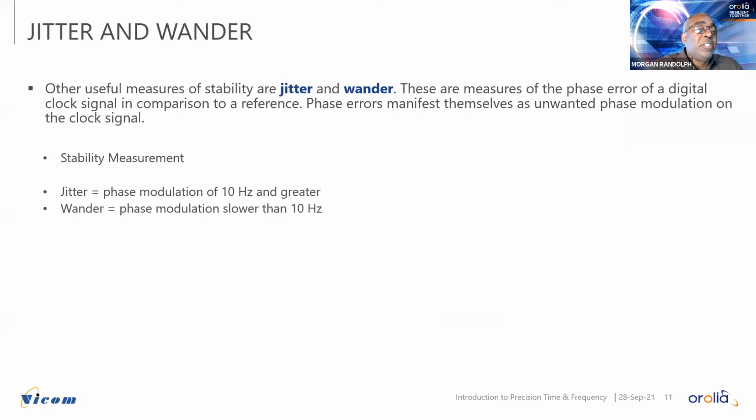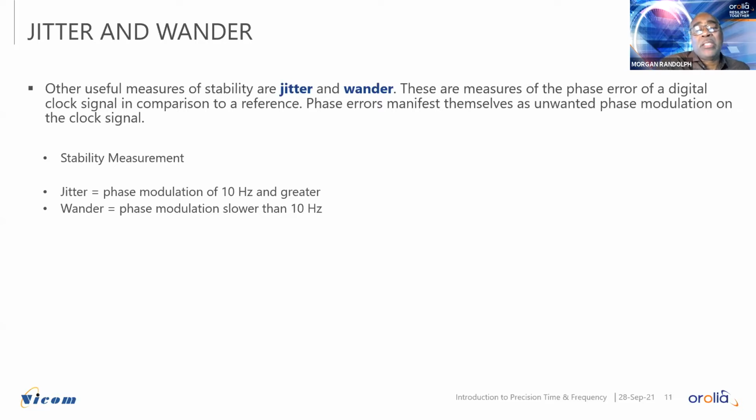Jitter is phase modulation of 10 hertz or greater. Wander is phase modulation slower than 10 hertz. Basically your sine wave is going to get compressed or shorter, and it's going to affect your stability within your measurement, or create noise within your clock, or delay.